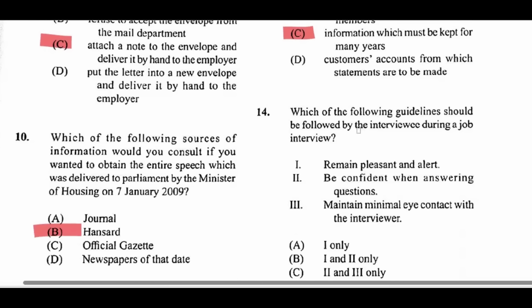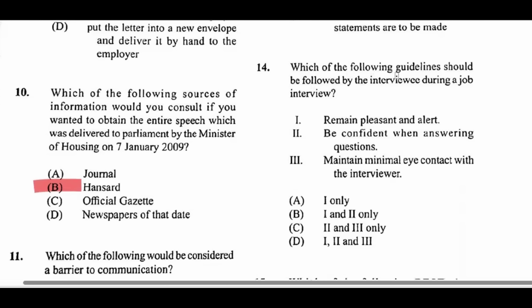14. This is a repeated question. Which of the following guidelines should be followed by the interviewee during a job interview? Remain pleasant and alert, yes. Be confident when answering questions, yes. Maintain minimal eye contact with the interviewer. No. This is the part where CXC uses this question to trick persons.